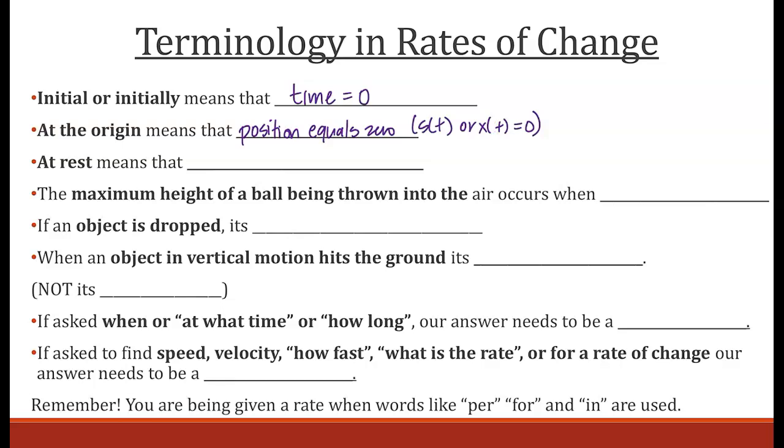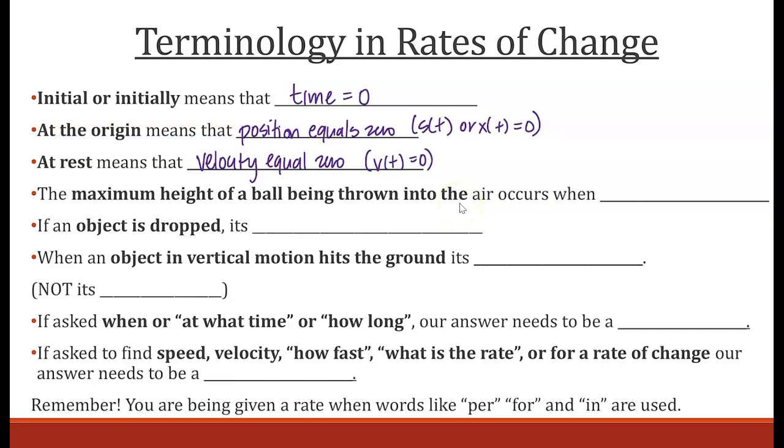When something is at rest, that means that velocity is equal to 0. And velocity is v of t, so we would be setting v of t equal to 0. When we see the phrase, the maximum height of a ball being thrown into the air.